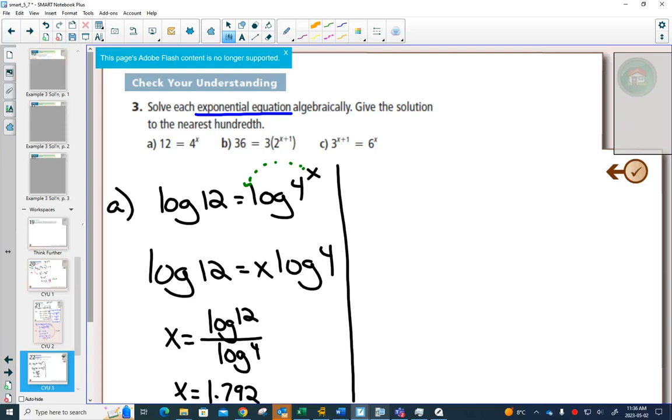If possible, and the second example is a great example of that, you will want to try to get your power by itself. In this case, can I move that 3 to the other side? Yes. What's the opposite of multiplying by 3? Dividing by 3. And if I divide both sides by 3, I will get 12 equals 2 to the x plus 1, and I will have succeeded in getting this power by itself.